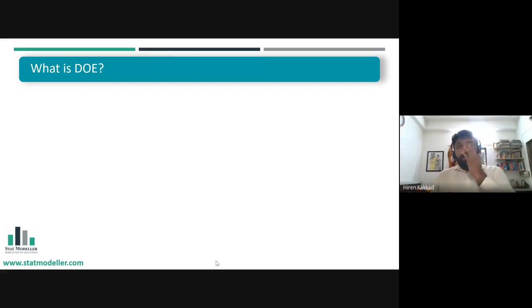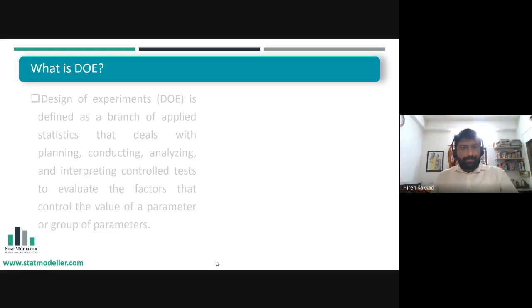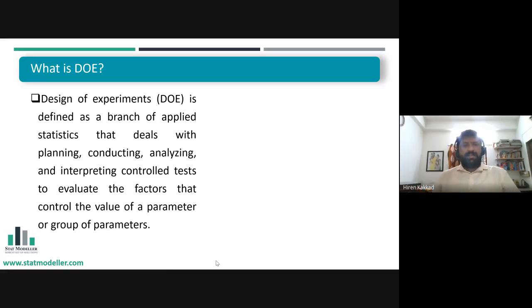Now let us look at what we mean by DOE. So this is the standard definition that I got from some article. So design of experiment is defined as a branch of applied statistics that deals with the planning. So it includes the planning. When we call this term DOE, it is not only the experimentation. It also includes the planning, then conducting.